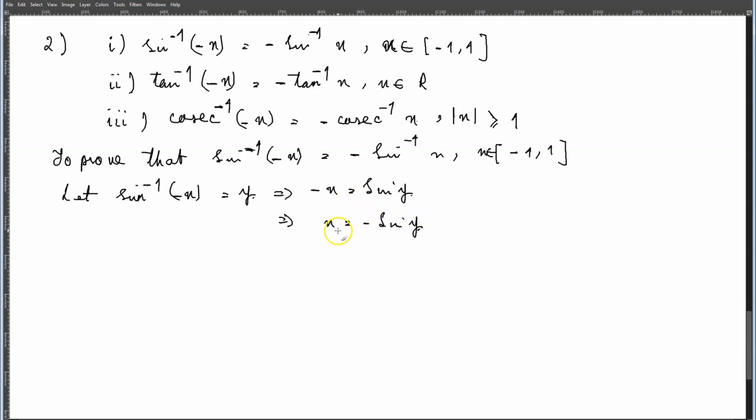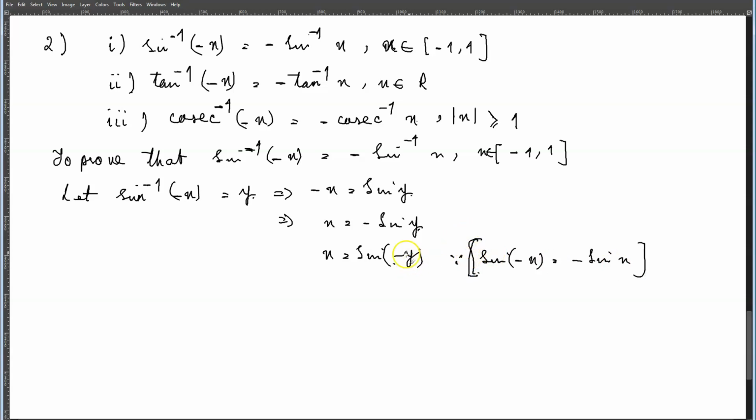And then you can say that x is equal to sine of negative y, because sine of negative x is equal to negative sine x, right?